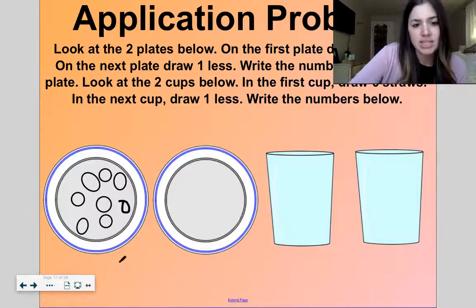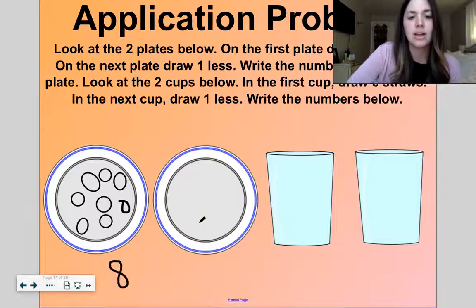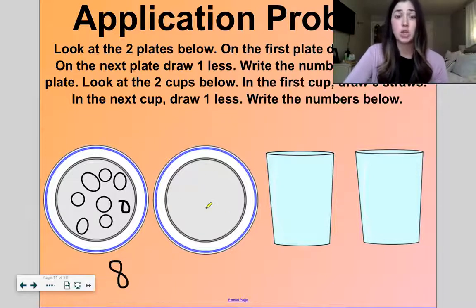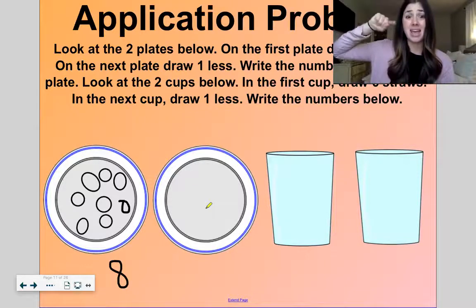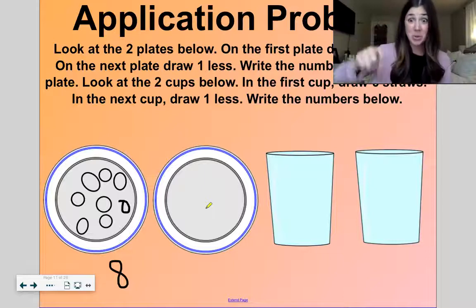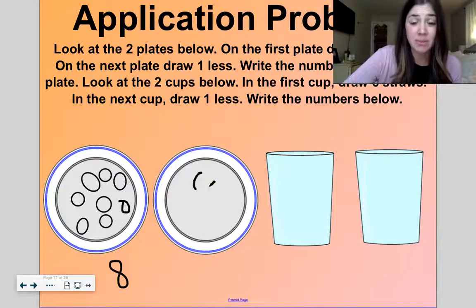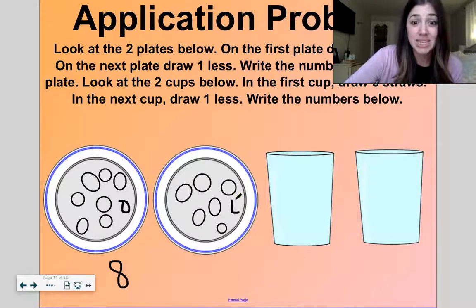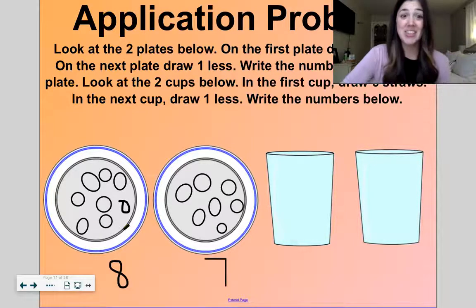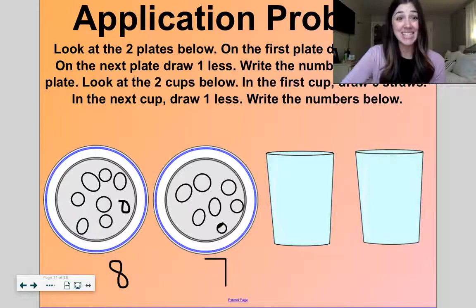Okay, that's 8. Now, on this plate, draw one less. Okay, what's one less than 8? If I'm counting down, 8, 7 would be one less. So let's draw 7. 1, 2, 3, 4, 5, 6, 7. There we go. 8, 1 less is 7.